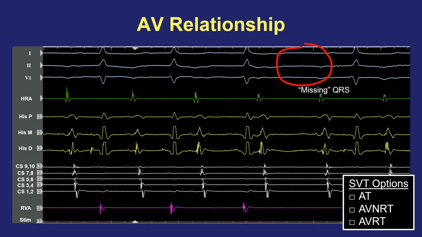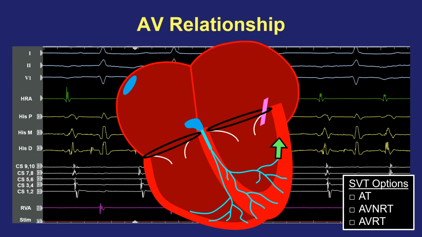Let's think for a moment about the AVRT mechanism of tachycardia. Here we have a circuit going down the His-Purkinje system, across ventricular muscle, up the accessory pathway, across atrial muscle, and back to the AV node. Think about that circuit for a moment and what I just said. Part of that circuit was ventricular tissue.